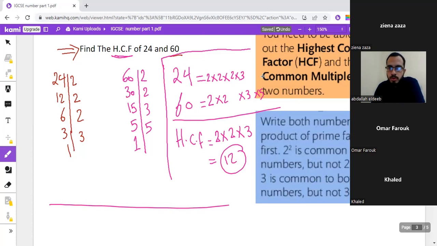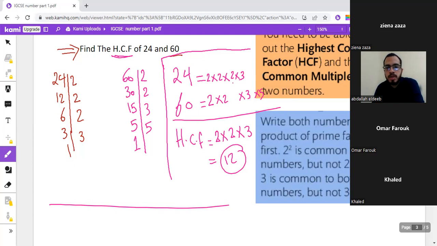Again, you write 24 as factors, 60 as factors, and then you write each number as prime factors, 24 and 60 like this: 2 times 2 times 2 times 3.